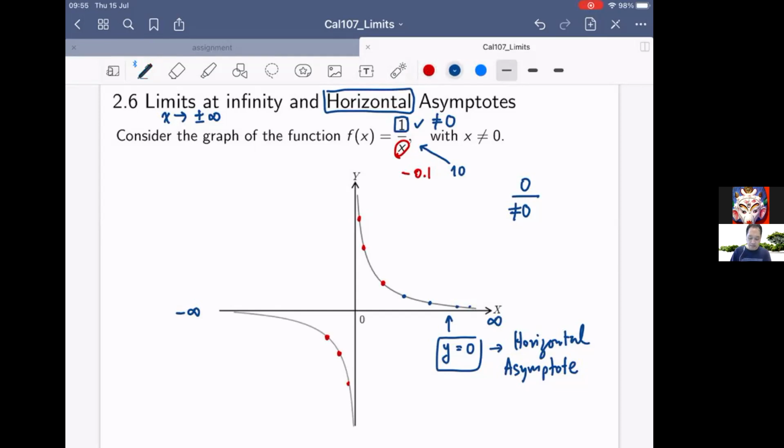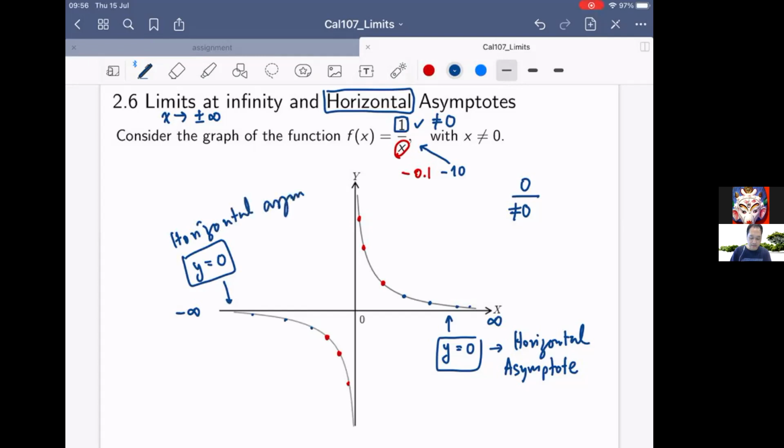With a bigger negative number, for example -10, -100, it goes up toward 0. Again, it can never equal 0, because the top is always 1. So it goes close to the line y = 0, and this is also a horizontal asymptote.